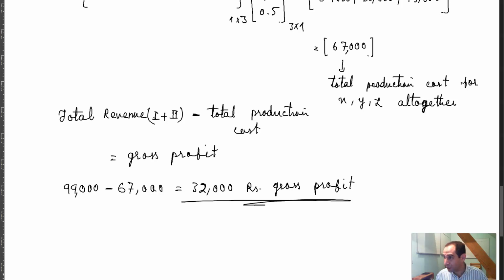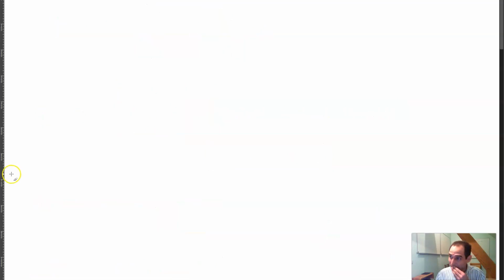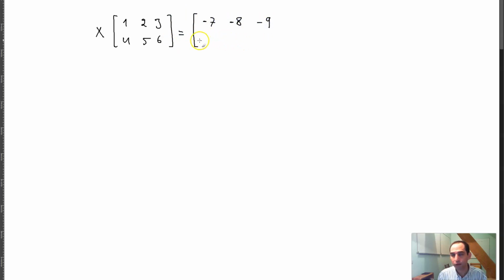Now question number 11 is: find the matrix X such that X times the matrix [1, 2, 3; 4, 5, 6] is equal to the matrix [-7, -8, -9; 2, 4, 6].